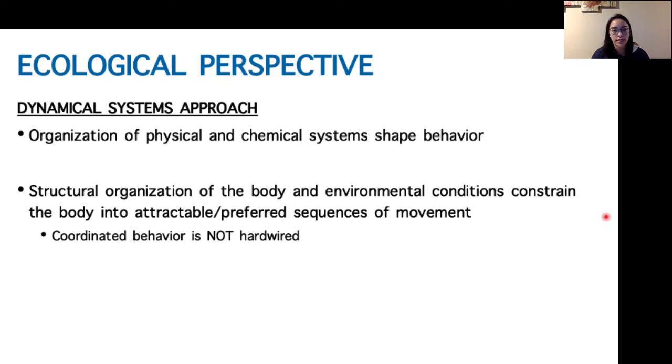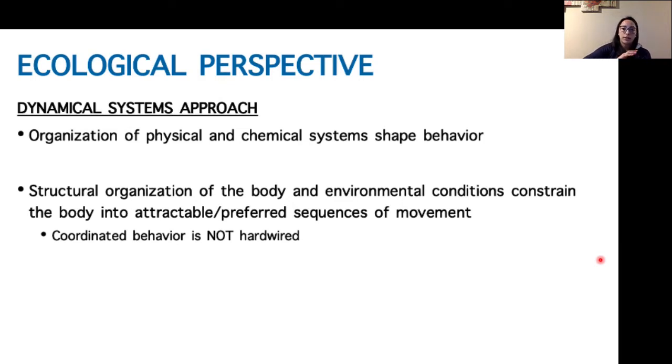So this theory is different from the maturational perspective in the sense that coordinated behavior is not hardwired or rooted in biological processes. Rather, the coordinated movements or behaviors just happen as a result of the body wanting to be stable and biomechanically efficient. This ultimately allows for greater flexibility and adaptability to different constraints or obstacles or conditions in the environment.